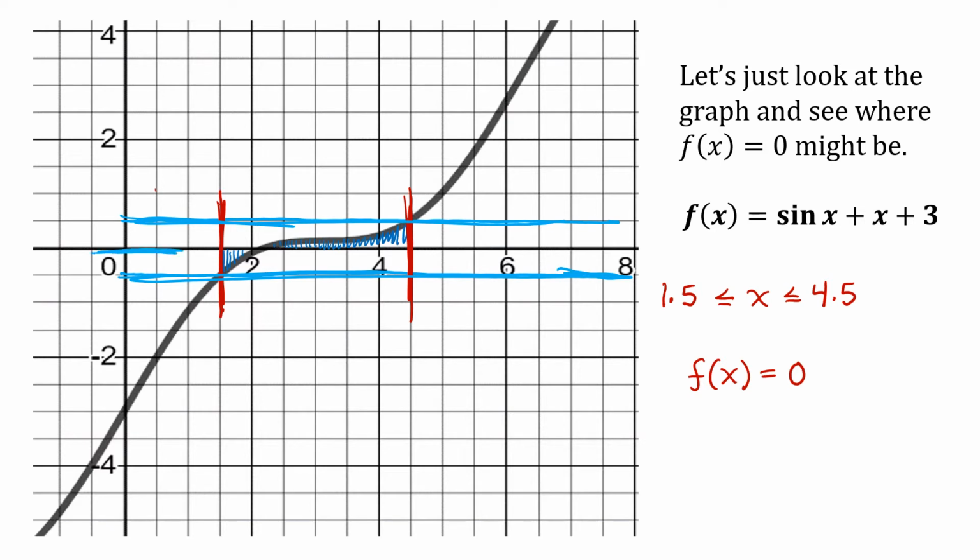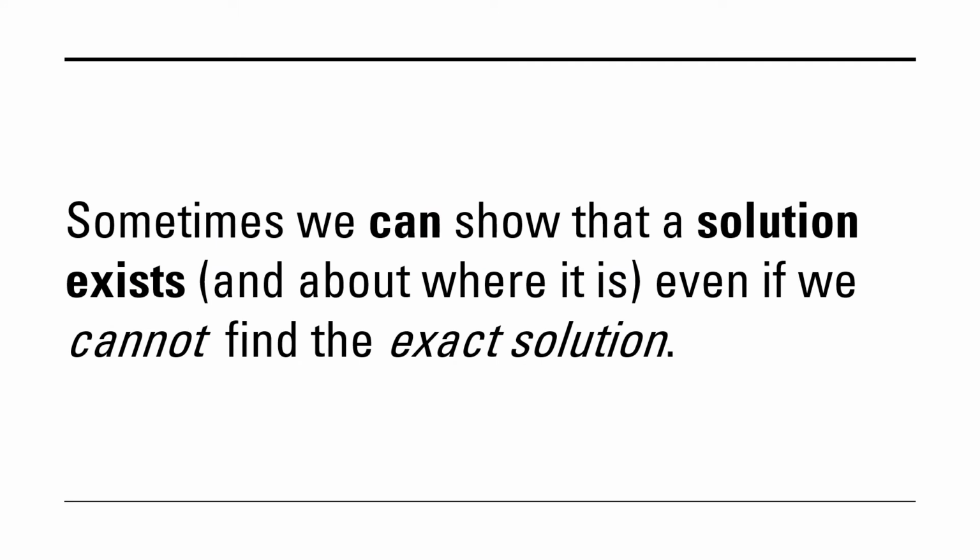And because this 0 is between these blue bars, at some point on there, I'm going to have to hit whatever this solution is, even though I'm not sure what the x value is, I know where it might be, and I know it has to exist. So sometimes we can show that a solution exists and about where it might be, even when we cannot find the exact solution. And when we're just trying to show this existence and where about it might be, we use something called the intermediate value theorem.